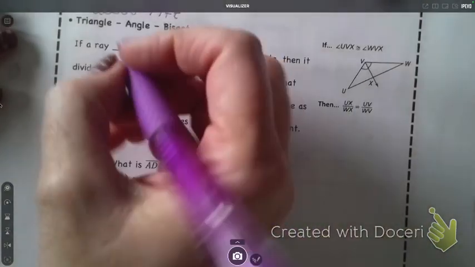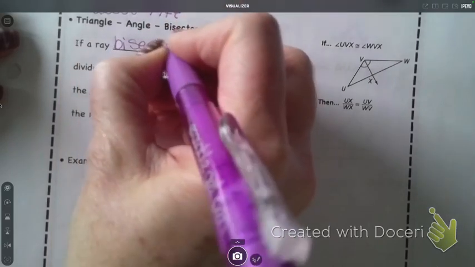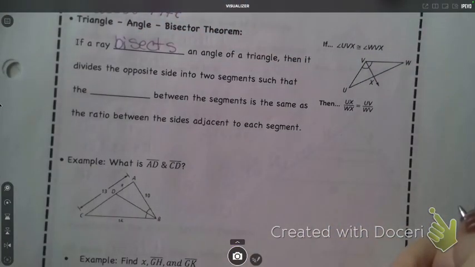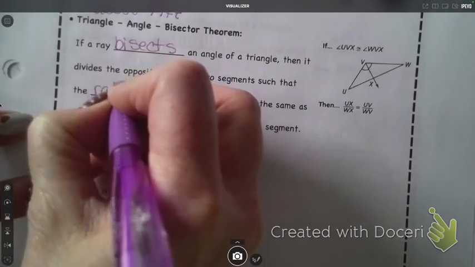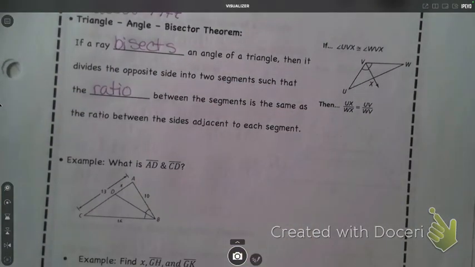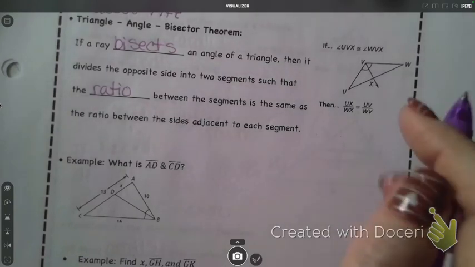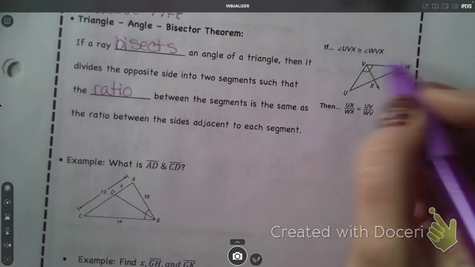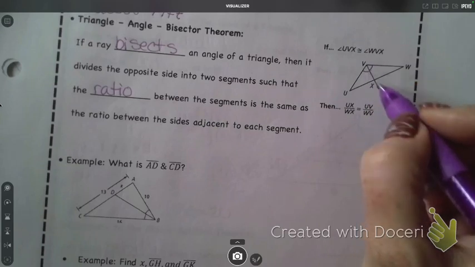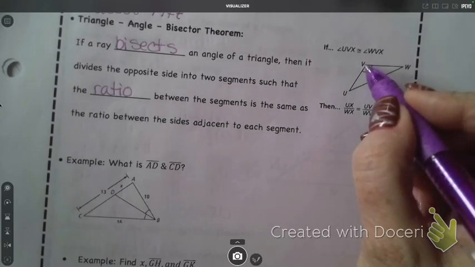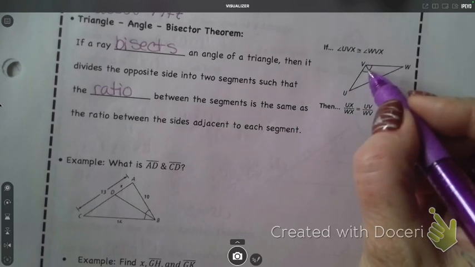Okay, if a ray bisects an angle of a triangle, then it divides the opposite side into 2 segments such that the ratio between the segments is the same as the ratio between the adjacent sides. So if you look at your picture, how do I know that ray VX bisects V? Those 2 arcs, right?